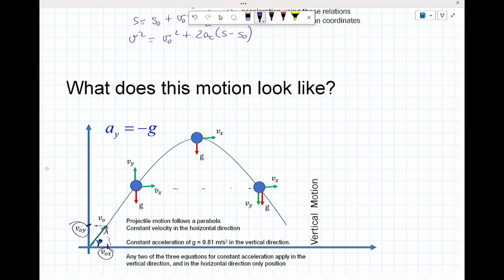V naught y, on the other hand, does. As this thing moves through its path, I will have vx, vy, and as it gets to the very top of its flight, vy is equal to 0.